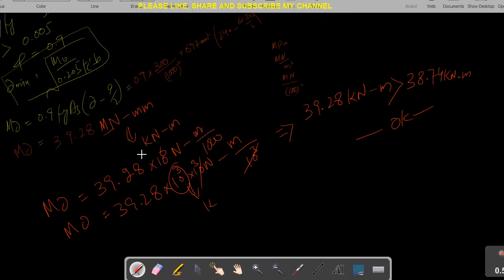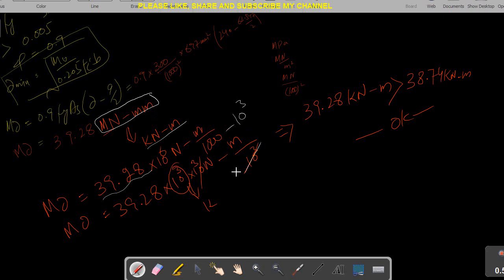Now the unit which we got from this calculation will be mega Newton millimeter. Now we convert this into kilonewton meter. Mega means 10 to the power 6, Newton meter, so we need to convert this millimeter to meter, so we divide by 1000, and we split this 10 to the power 6 into two parts, 10 to the power 3 and 10 to the power 3, and we write 1000 in the form of 10 to the power 3.